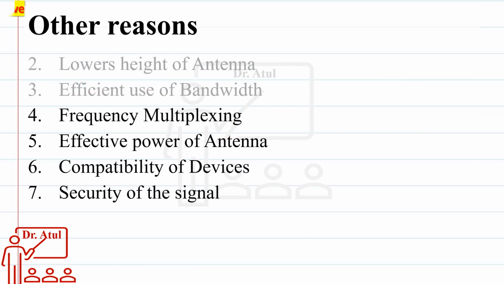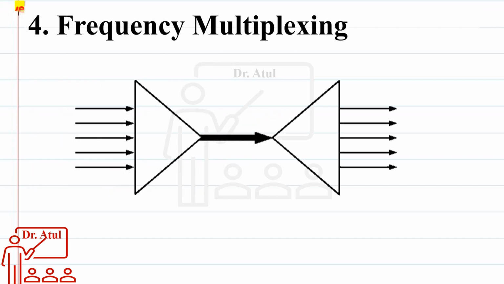The next reason for using modulation is frequency multiplexing. What is multiplexing? Multiplexing means traveling many things in one transmission. For example, if I have a signal of frequency f1, another signal of frequency f2, a third signal of frequency f3, and so on, these can all be combined together by a multiplexer.